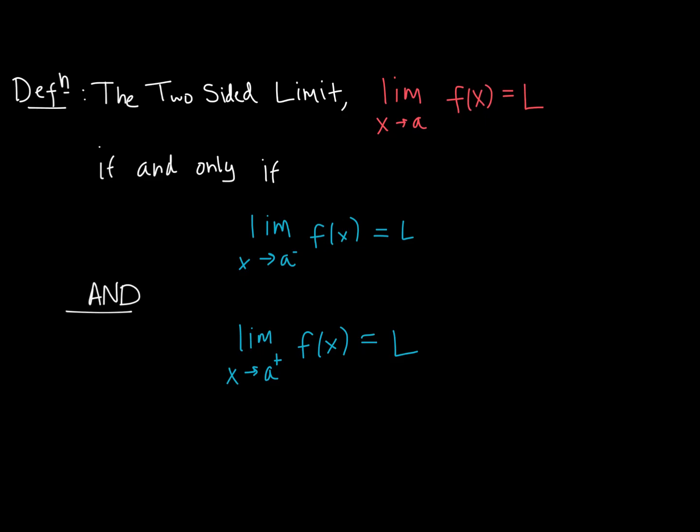So let's go ahead and now apply this definition and our method of getting closer and closer to the value that we want to approach in order to actually compute some limits. So I'm going to give you 3 questions here, copy them down and show your work, and we will discuss them in class.